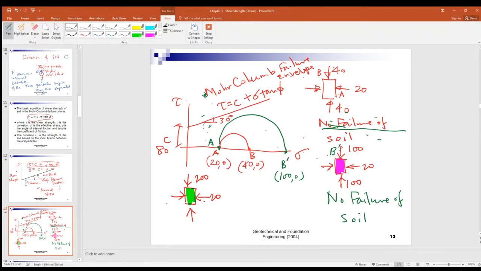So that's A, but now it is B double dash.